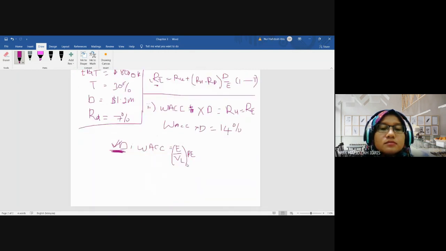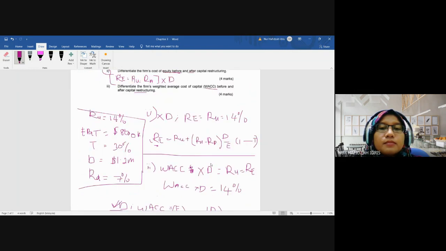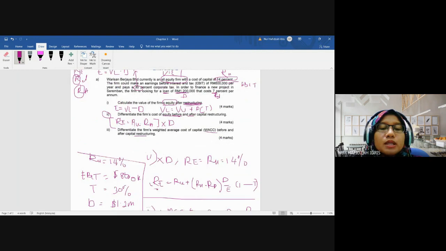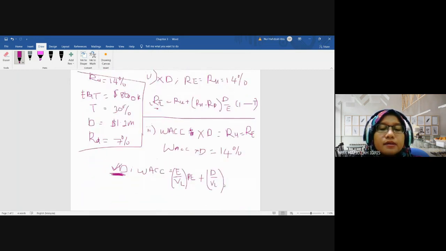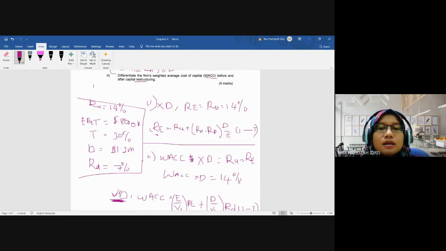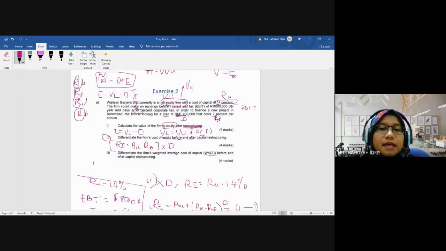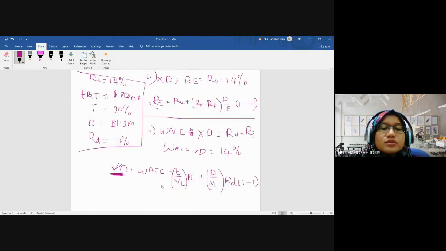Okay. So RE plus WD. WD is D per VL. So debt, berapa banyak debt kita? 1.2 million. VL, you kena cari VL. So times dengan RD after tax. RD after tax is RD times 1 minus tax. RD dekat sini ada RD 7%. Tax 0.3. So yang ni you cari.